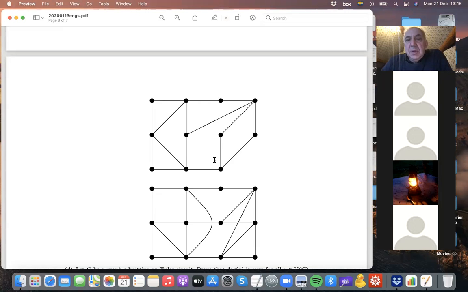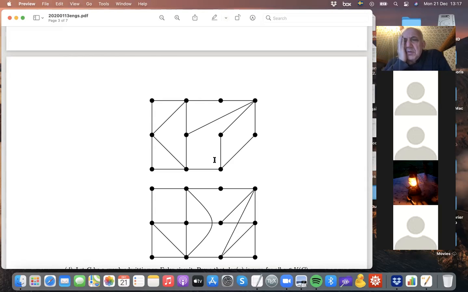Just a question. A cycle cannot repeat vertices, right? Sorry? A cycle cannot repeat vertices, and an Eulerian one needs to visit every edge, right? Yeah. Are you sure it's not an Eulerian circuit? I think the circuit doesn't have to be, or maybe Eulerian path.